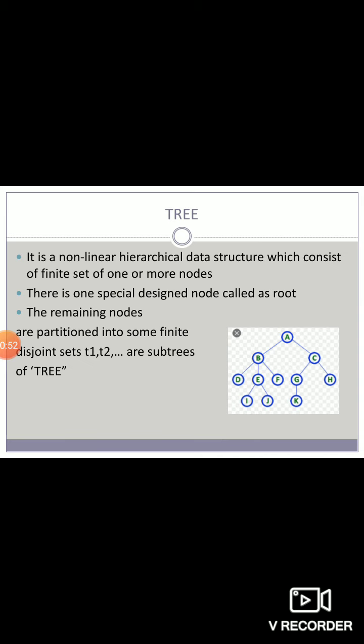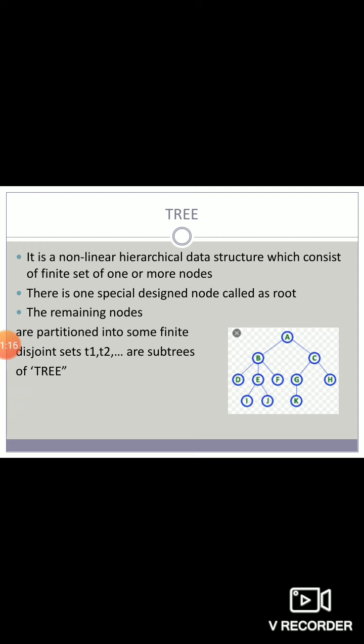So here we will study the concept of tree. Now, what exactly is a tree? A tree is a non-linear hierarchical data structure. Hierarchical means that once I derive any node from its previous node, from its parent, that concept is called hierarchical.